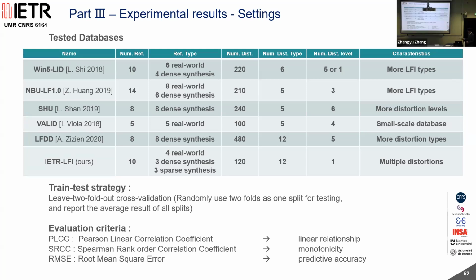And in addition, we use the cross validation to report the performance, and the standard evaluation criteria, PLCC, SRCC, RMSE are used to report the performance, and these focus on different aspects of the predictive result.